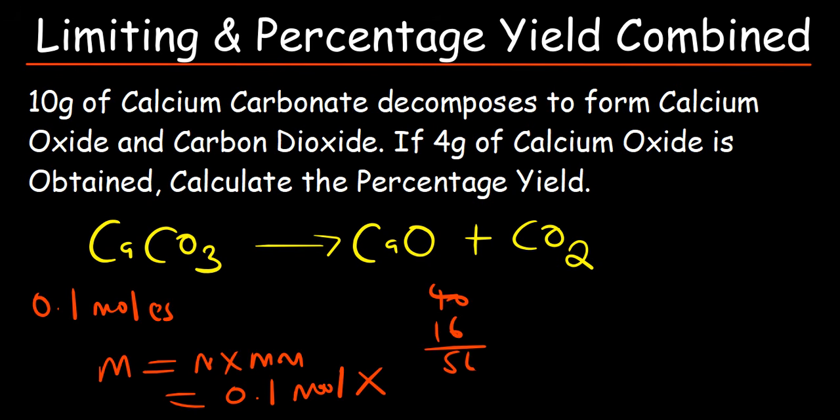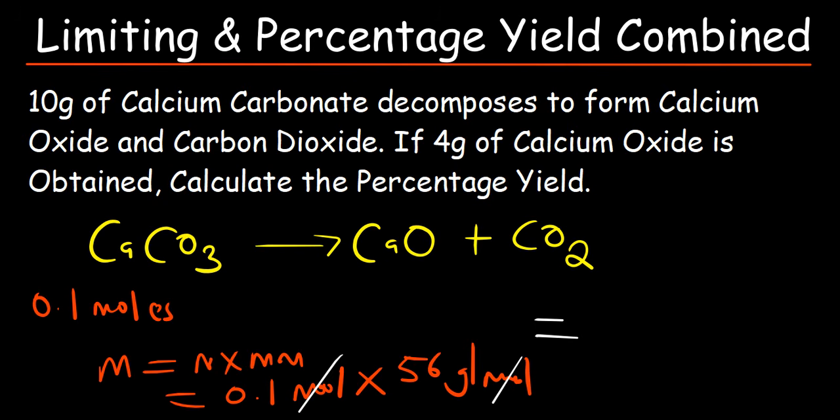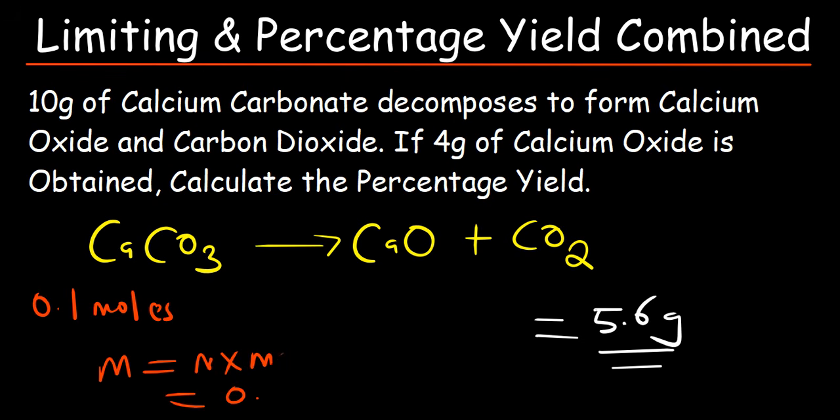So I'm going to put 56 here, grams per mole. Now the moles and the moles are going to cancel. Therefore I'm just multiplying 0.1 multiplied by 56. What am I getting? I'm getting 5.6 grams. So that is what I have as the grams of calcium oxide, which is the product.